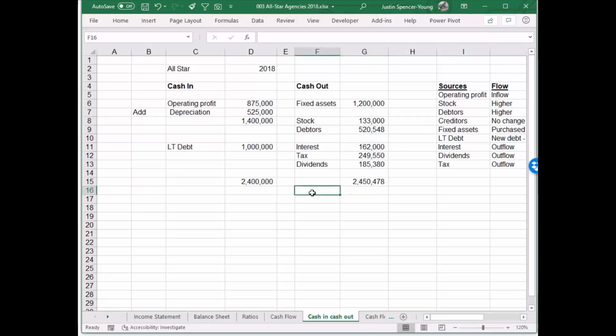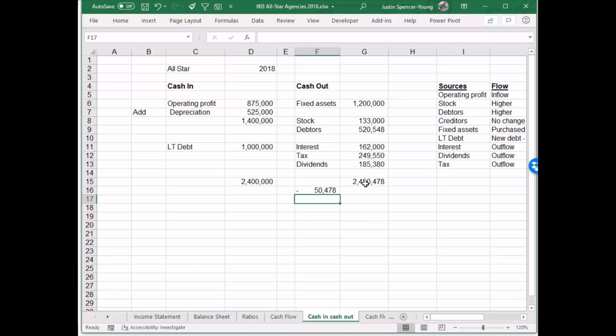And then what we might do is we might say, what is the cash in minus the cash out? And what we've determined here for the year is that there's a net outflow of 50,000 rand, 50,000 and some change. So the ins and the outs through the year have resulted in an outflow of 50,000.